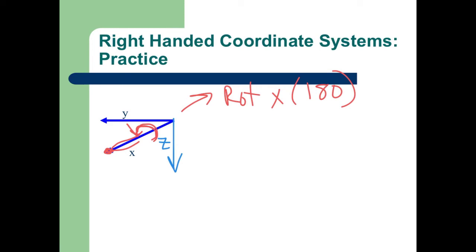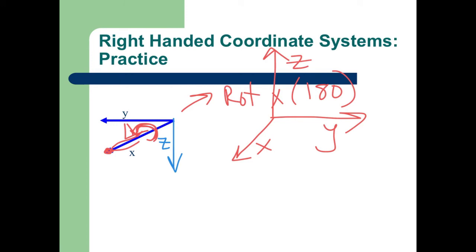And so in that case, we end up with, let's see, x stays in the same direction because x is what we're holding on to and spinning. Y, after we rotate by 180 degrees around the x-axis, is now going to be pointing out to the right, and z, which was down, is going to end up pointing upwards. So that's rotate about x by 180 degrees.